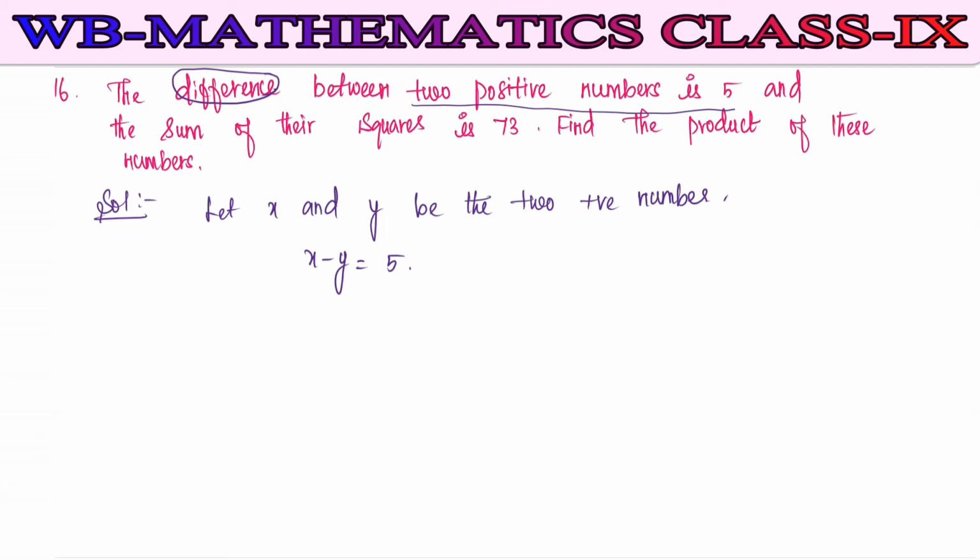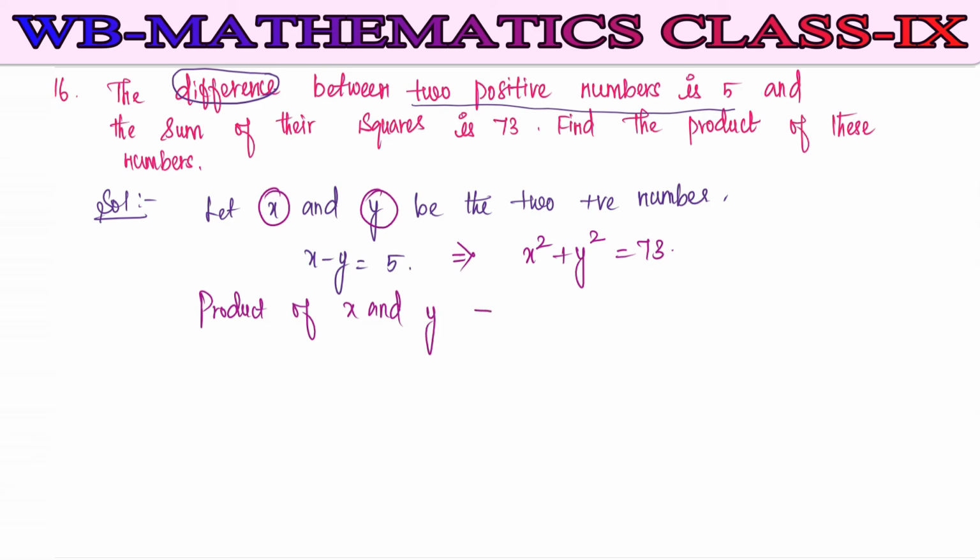And the sum of their squares: we have x and y as the numbers, so the sum of their squares means x square plus y square, the value is 73. We need to find the product of x and y.